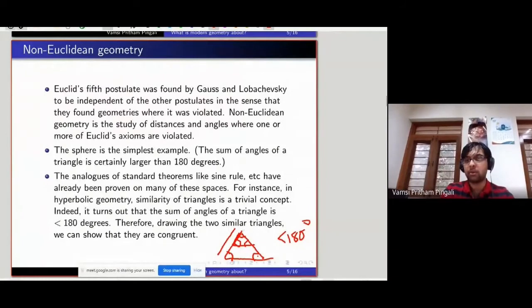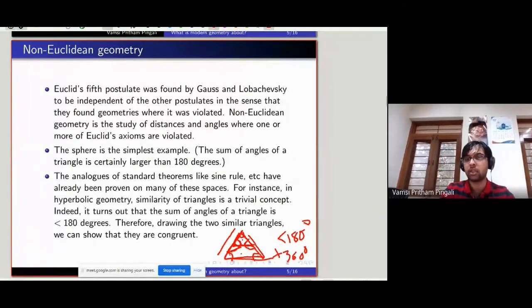However, the sum of these three angles plus the sum of these four angles is equal to the sum of these three angles plus 360. Once again, this plus this is 180.